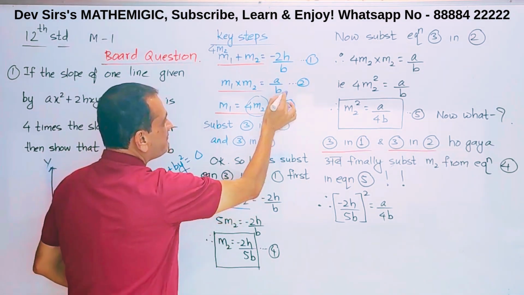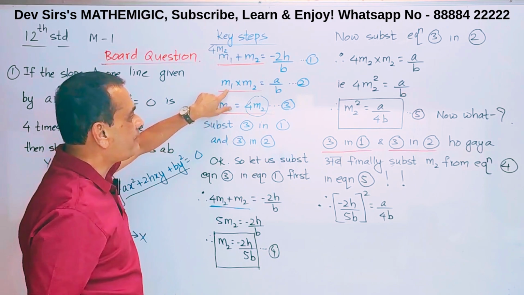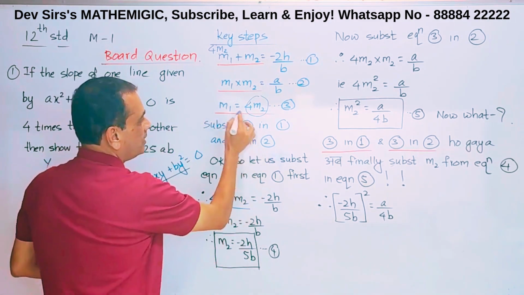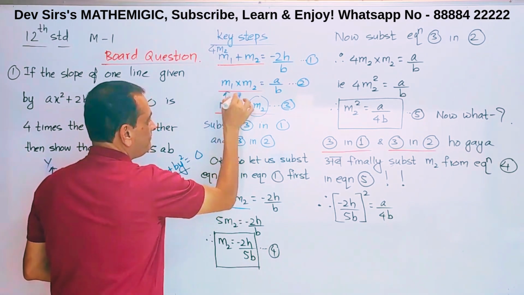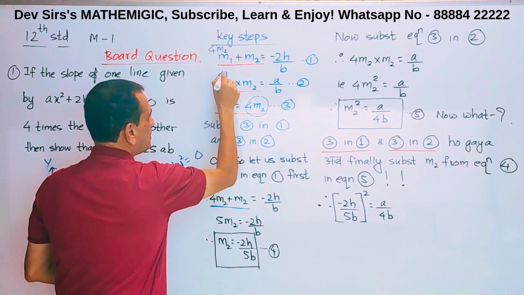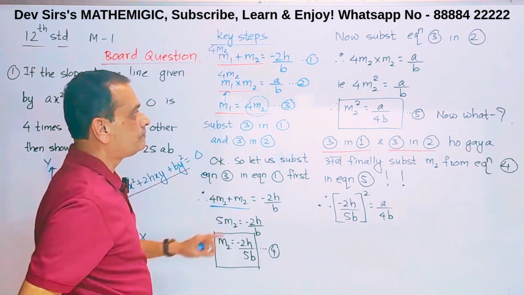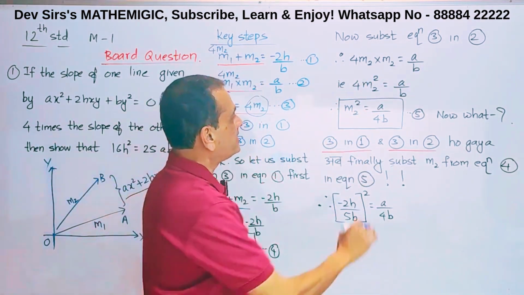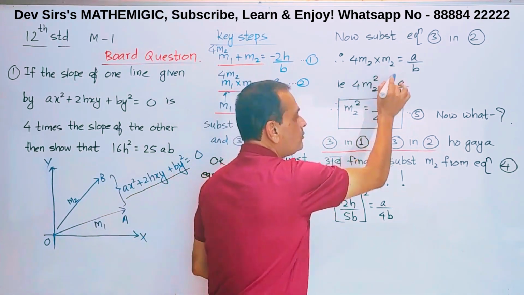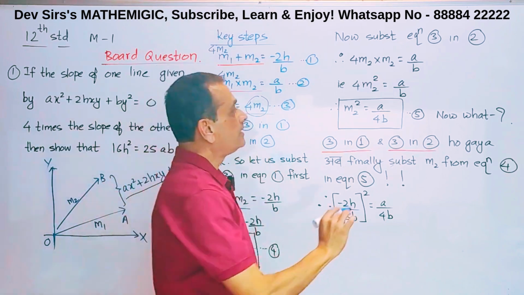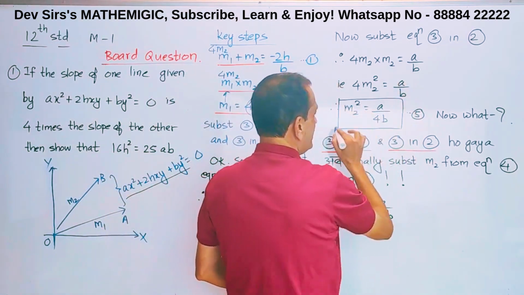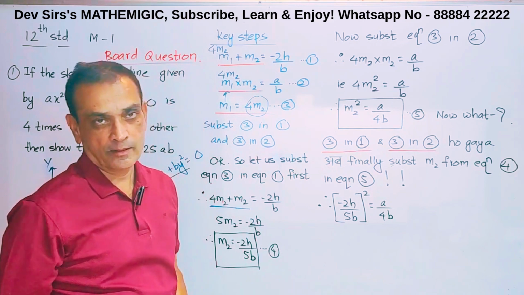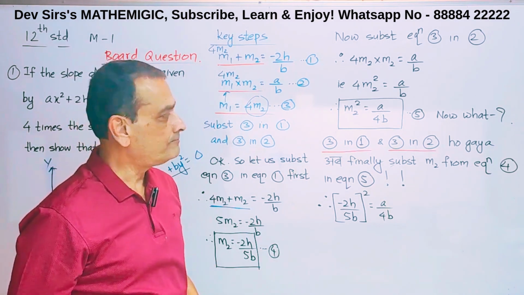So from 3 in equation 2, I am putting the value of M1, 4M2, into M2, is equal to a upon b. That is 4M2 squared, since M2 into M2 is M2 squared, is equal to a upon b. We got equation 5.